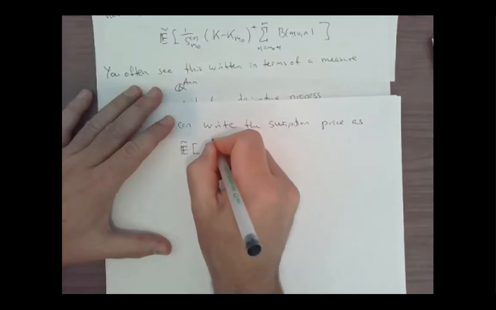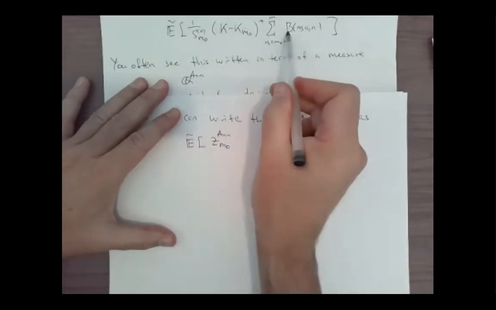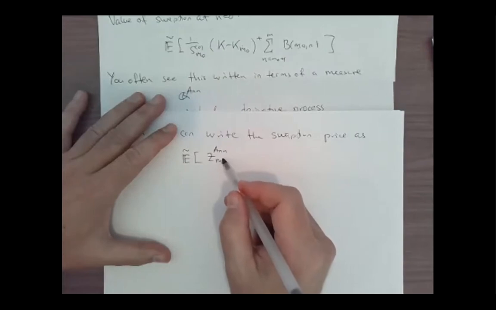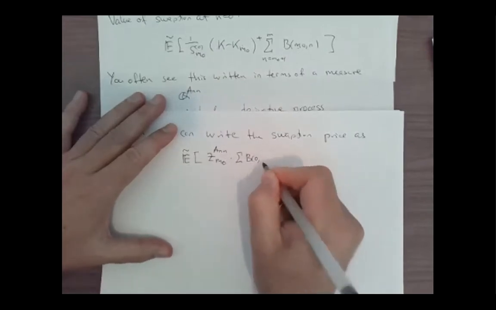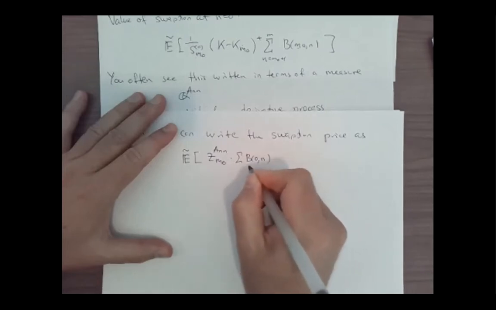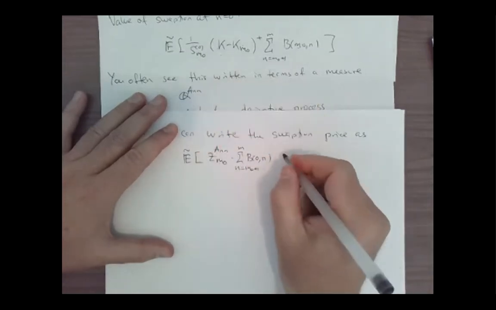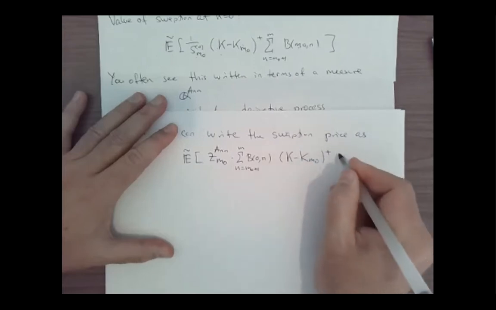So I'm going to absorb this part and that part into a Radon-Nikodym derivative process, and then I need to multiply up the zero coupon bonds, B_0^n for n equals M0 plus 1 to M. And then I'll have my difference, (K minus K_M0) plus.